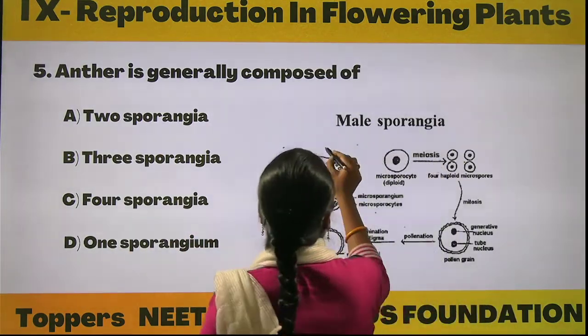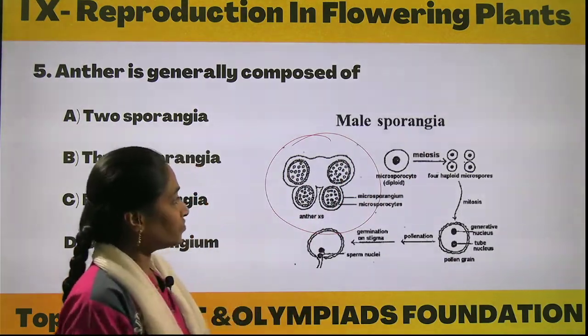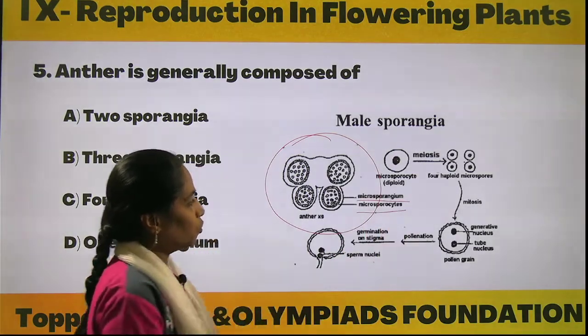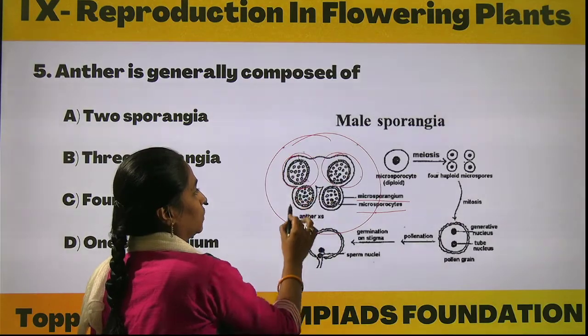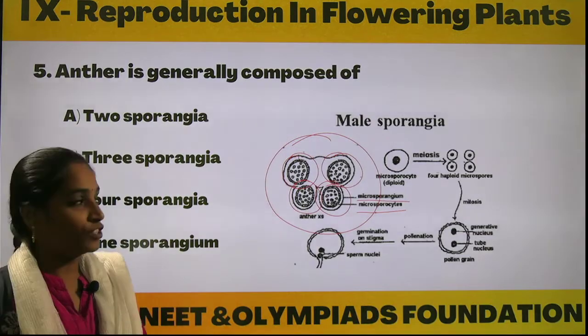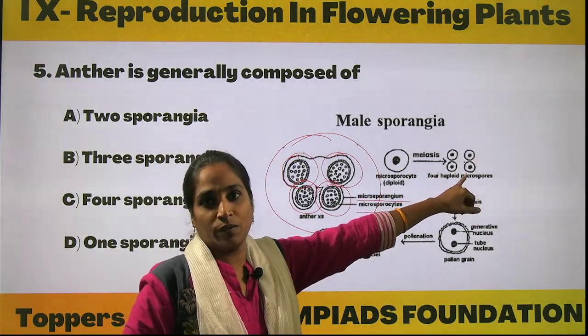Here, if you observe the picture, we can observe the male sporangia, right? Microsporangium and microsporocytes. So here what is the count? 1, 2, 3 and 4. After the meiotic cell division, we can observe 4 haploid microspores will be formed.